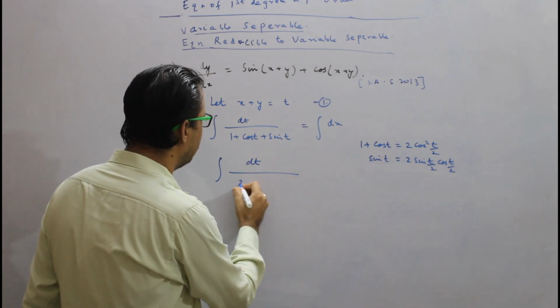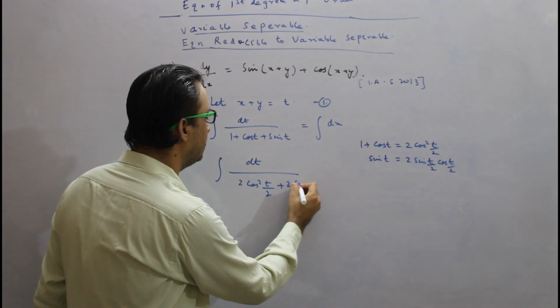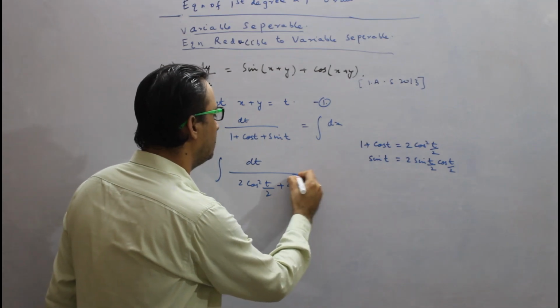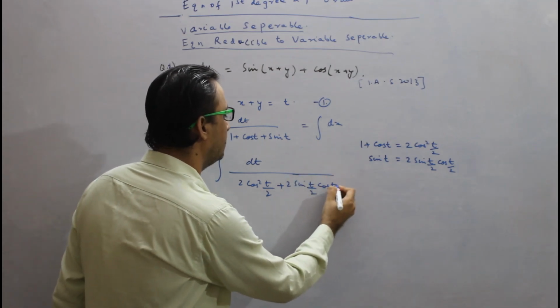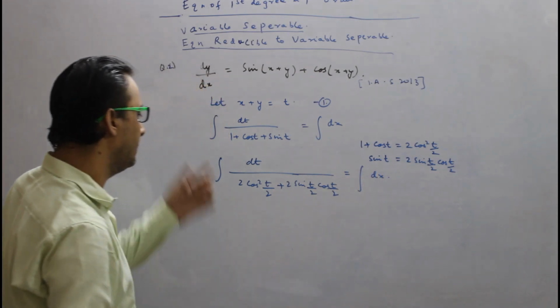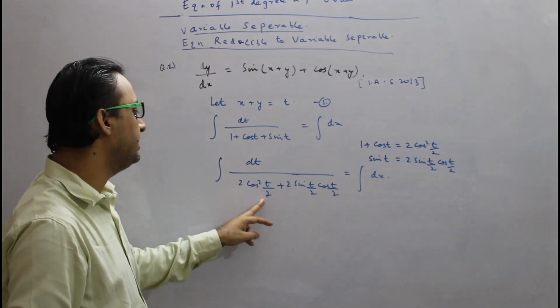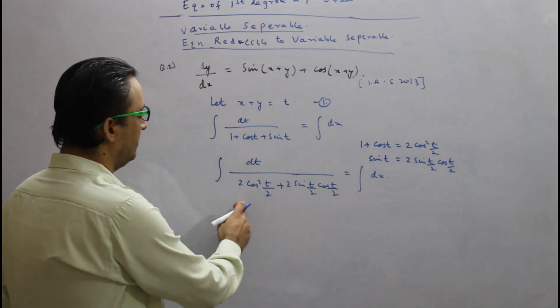So we can write this as 2 times cos square t by 2 plus 2 times sin t by 2 cos t by 2, is equal to the integral of dx. Now you can see here 2 and cos t by 2 are common over here.